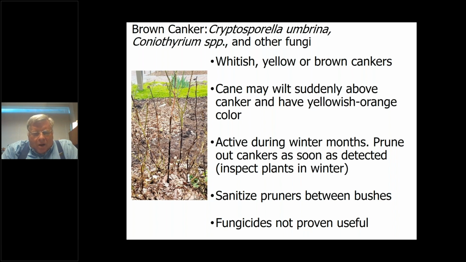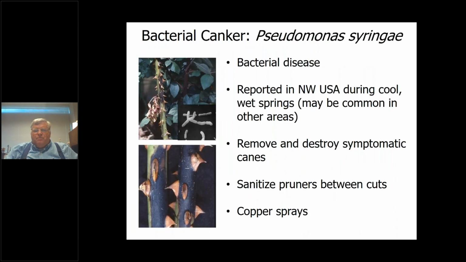And it's very critical. We're not often in late December and January walking our roses like we do when they have flowers. But we need to be walking those rose bushes, inspecting for rose canker. And when we find it, we prune it out. Fungicides have not proven useful.